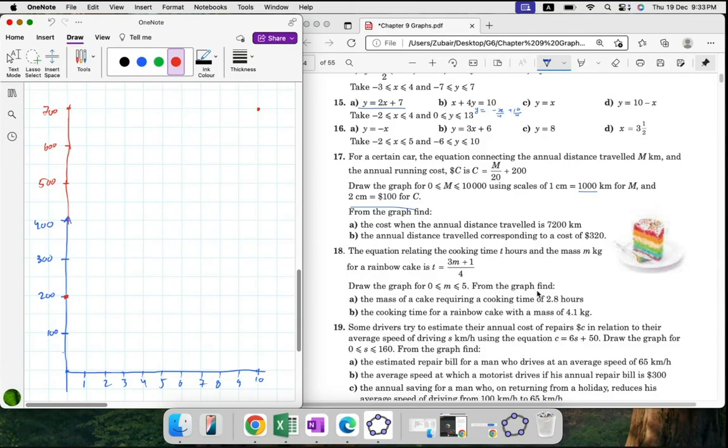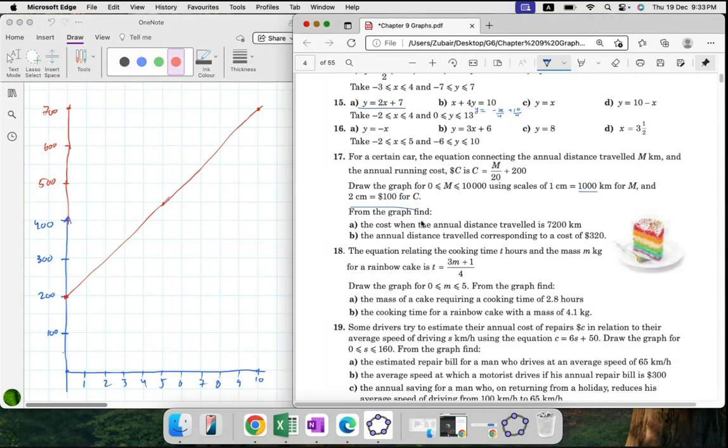Let's say at 5,000, 5,000 divided by 20 plus 200, I'm getting 450. So at 5, this is 400, this is 450. So we get the graph.